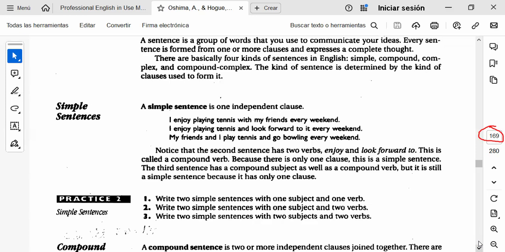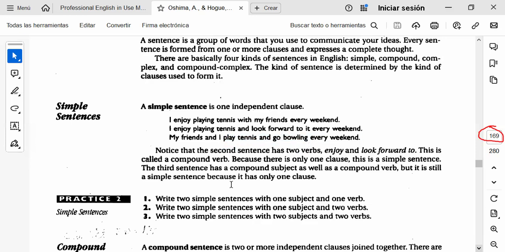The third sentence has a compound subject and a compound verb. But it is still a simple sentence because it has only one clause. As a compound subject, my friends and I, and also play tennis and go bowling.